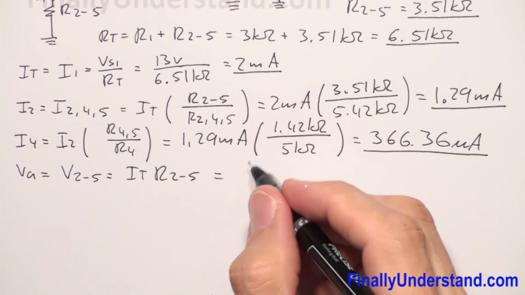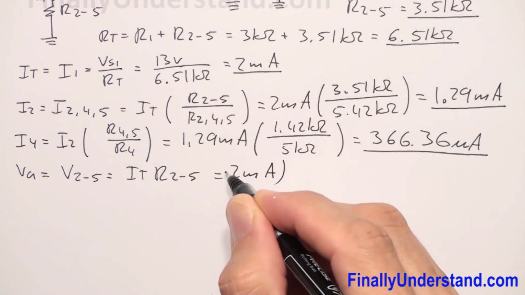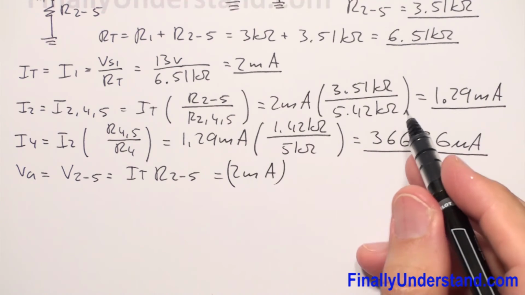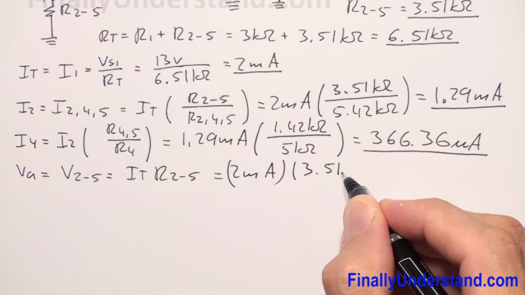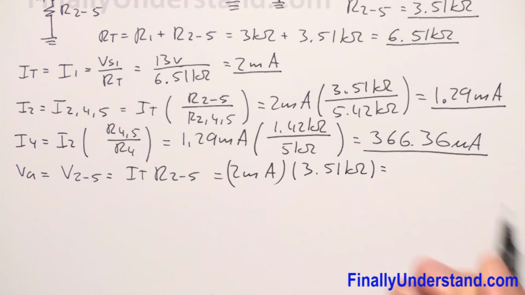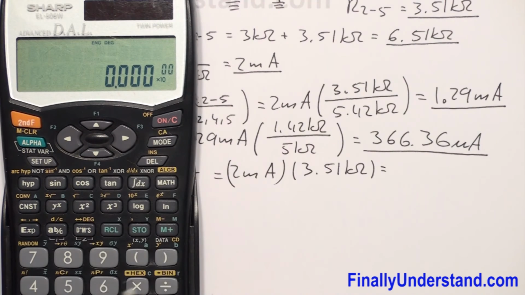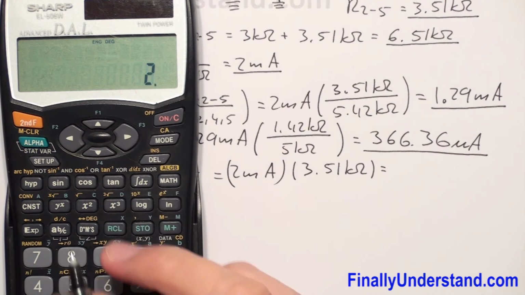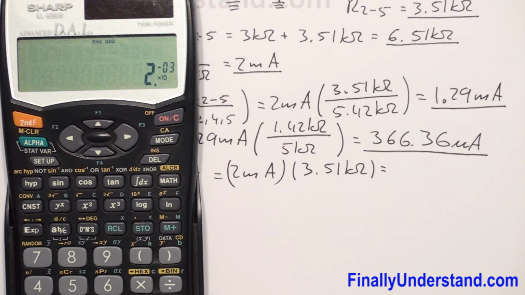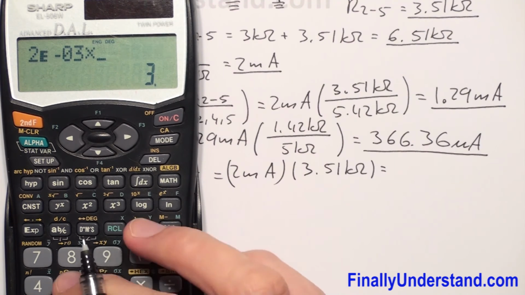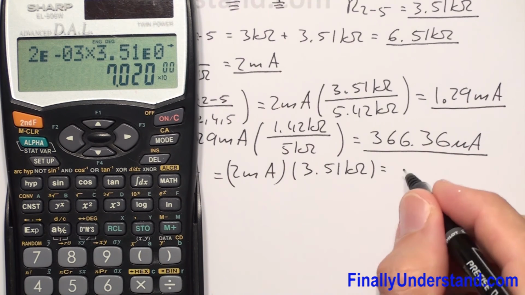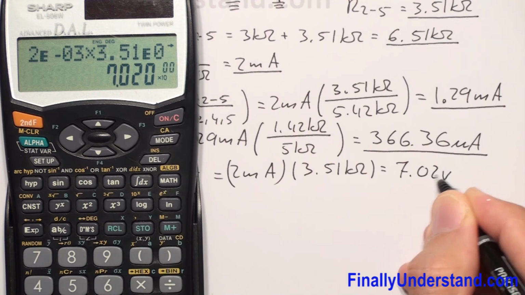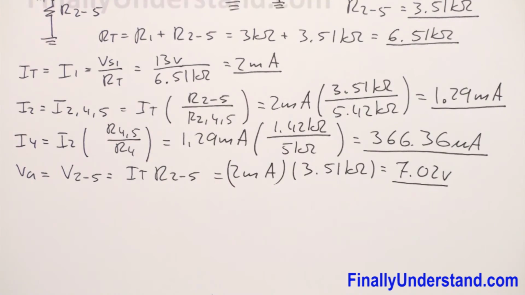So I total is equal to 2 milliamps times R2-5, which is 3.51 kilo ohms. This is equal to 2 times 10 to the negative 3 times 3.51 times 10 to the 3, which is 7.02 volts. Okay, so this is my VA.